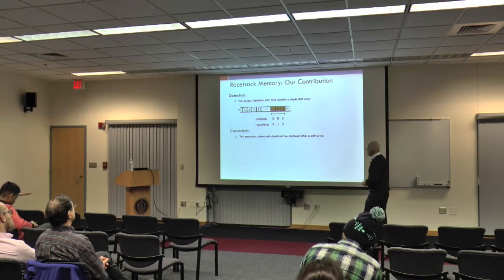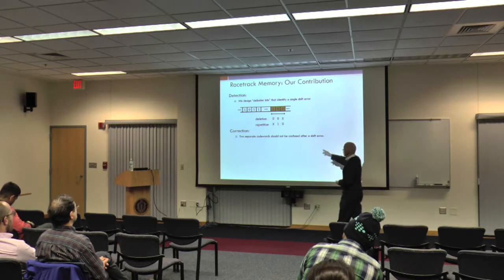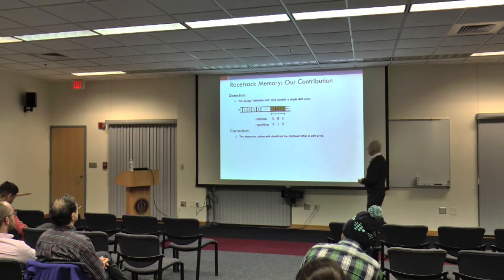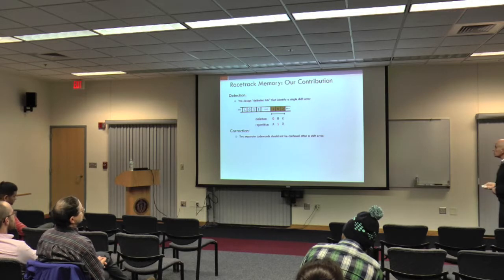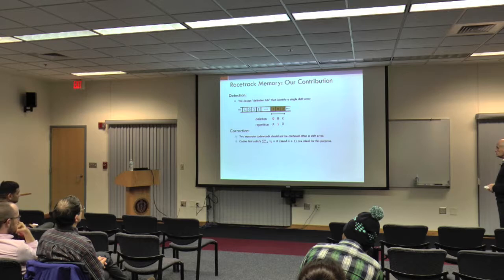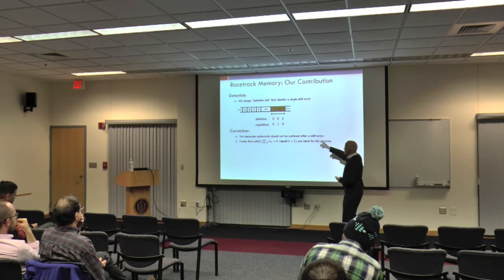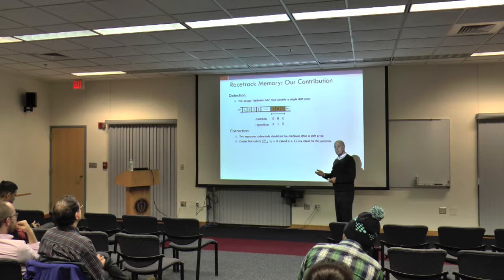And when we read those 3 delimiter bits, when we see a 0x or an x0, we can tell whether we've got a deletion or an insertion. And between the delimiter bits, we're going to use a very simple code that's able to correct 1 deletion or insertion.